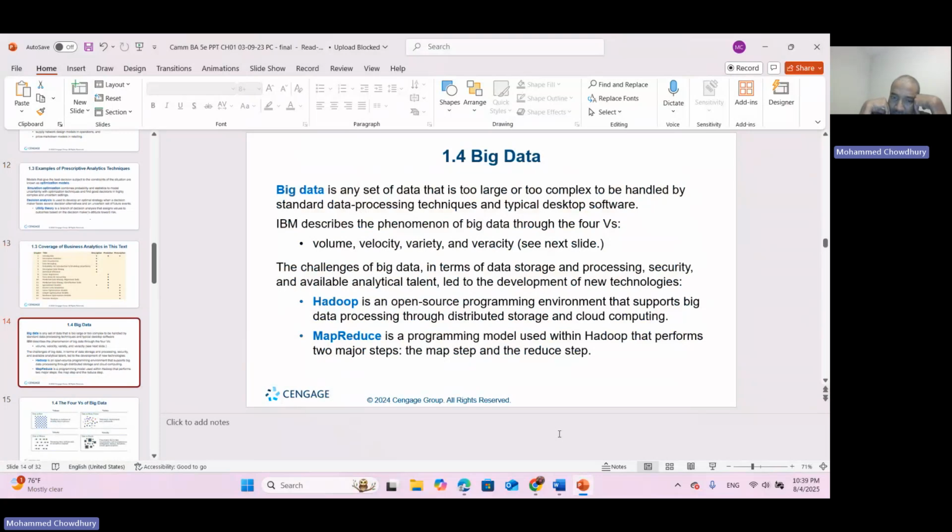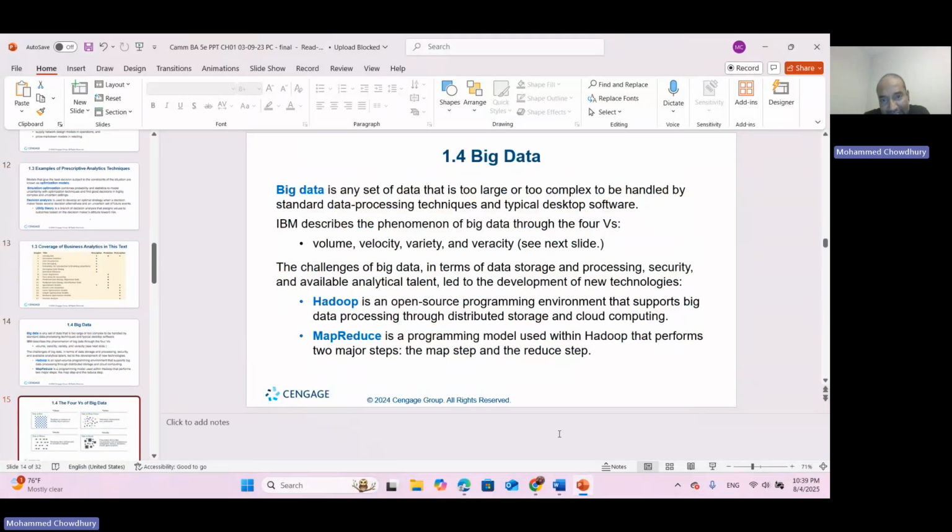And cloud computing means the computing can be done on a server. Now, MapReduce is a programming model used within Hadoop that performs two major steps: the map step and the reduce step.